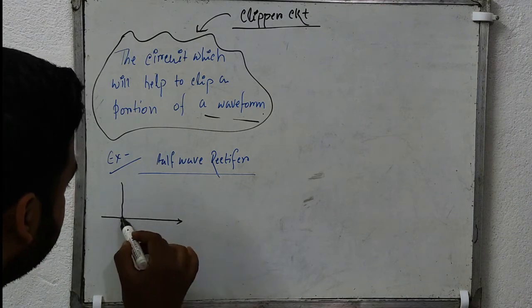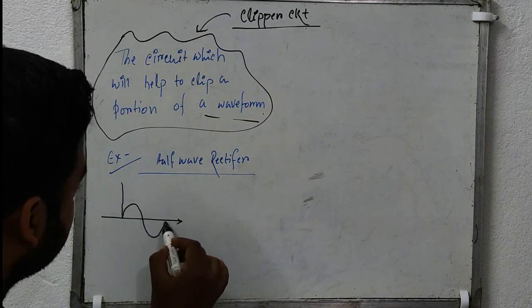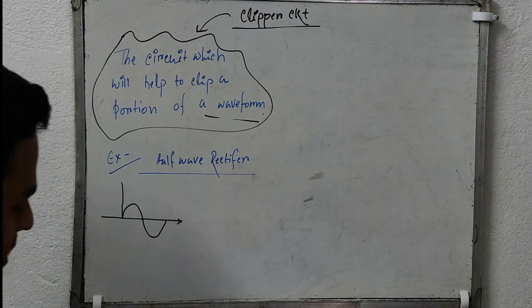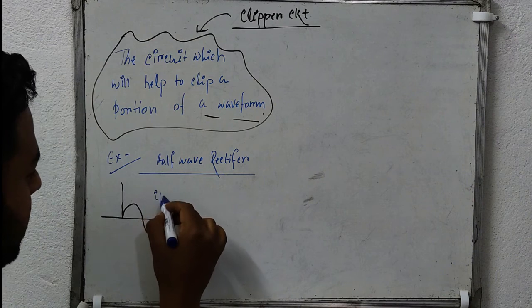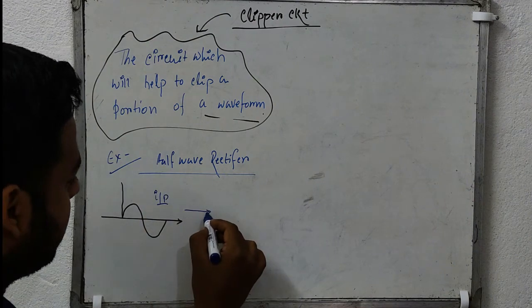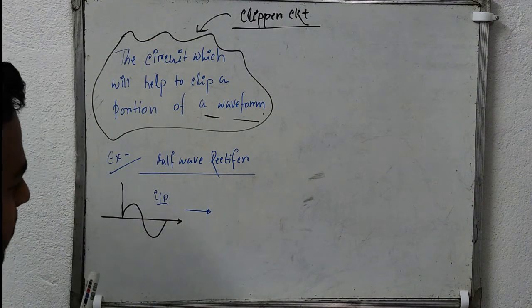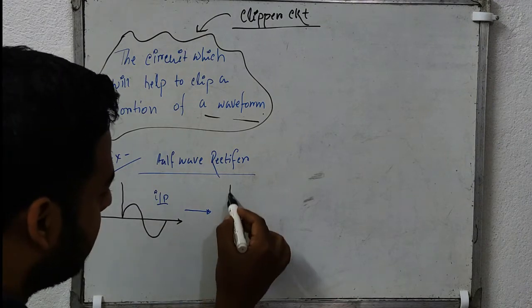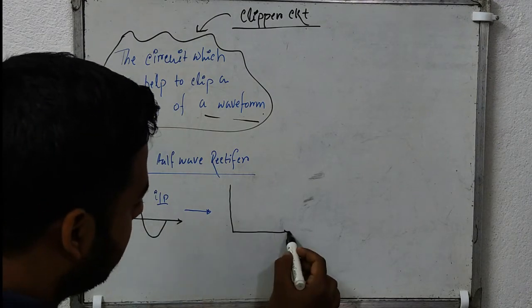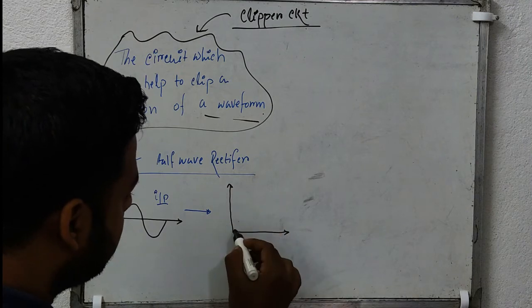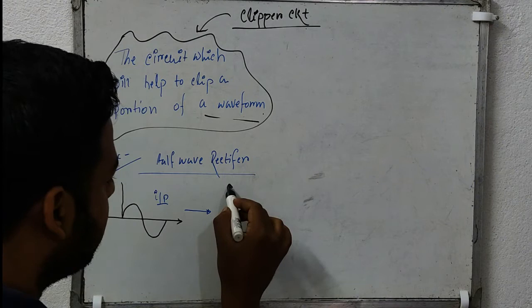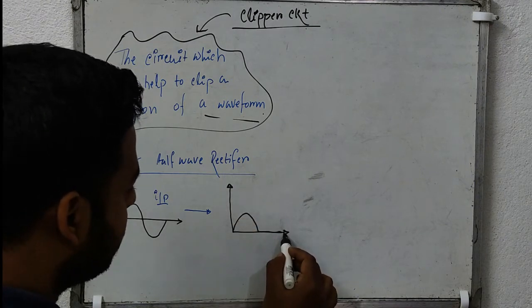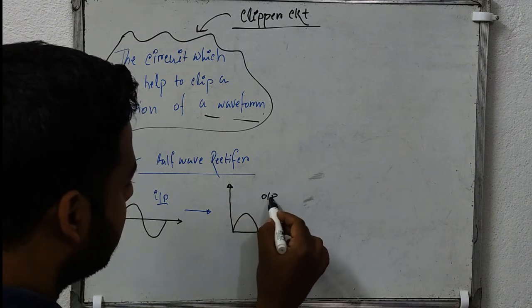If you apply this kind of waveform at the input of a circuit, then you will get this portion at the output, and you will not get any other curve. So this is the output of the circuit that you can see.